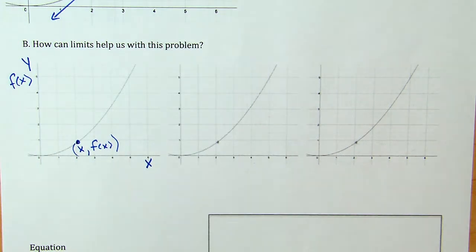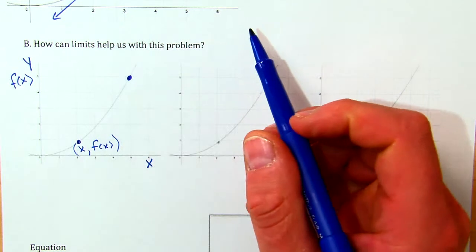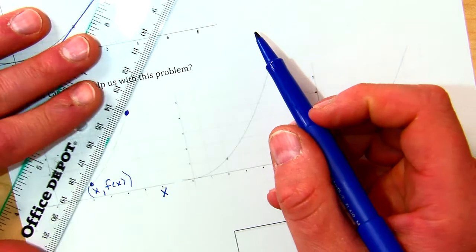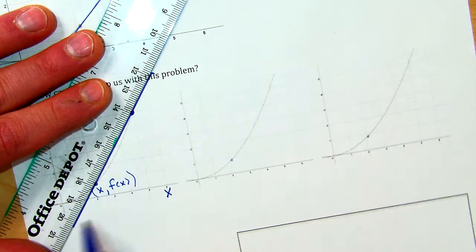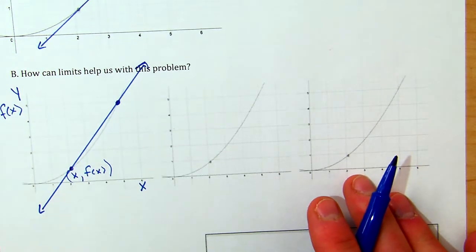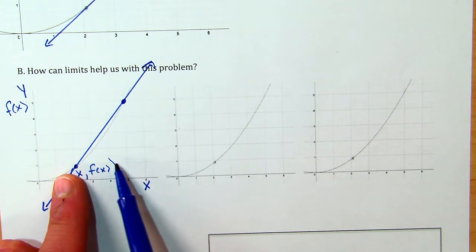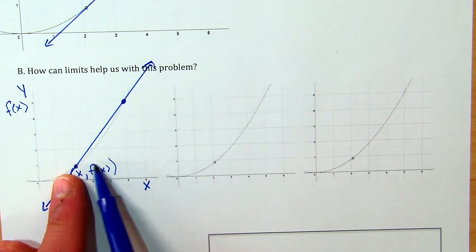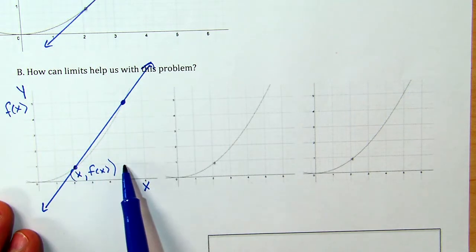Now I'm going to pick another point up here on the curve, and I'm going to connect those two dots with a ruler. When I do that, this is not a tangent line because it hits at 2 points, not 1 point. But here's what I'm going to say. The x value has been moved over a little bit. We don't know exactly what that number is, but we're going to scoot it over h, in general, just h.